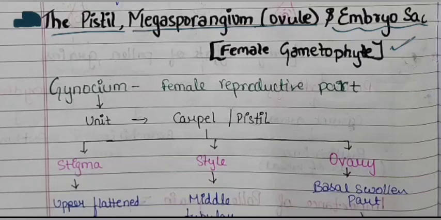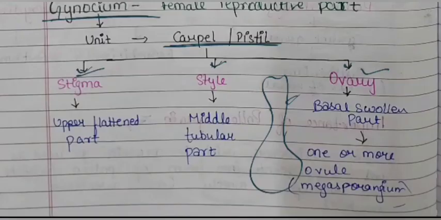Okay, so gynoecium is basically a group of carpels or pistil, which consists of stigma, style, and ovary. This is the stigma, the upper flattened part, this is the style, the middle tubular part, and the ovary is the basal swollen part, which consists of one or more ovules.